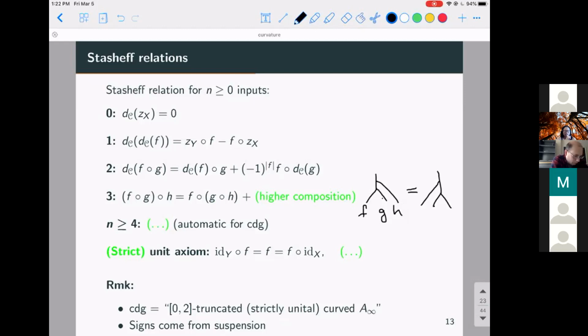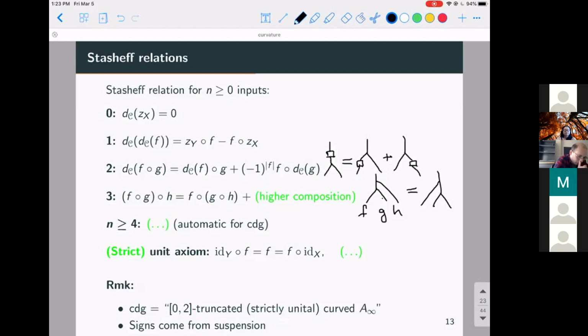With two inputs, this says if you take the differential of F composed with G, that's the same as this.